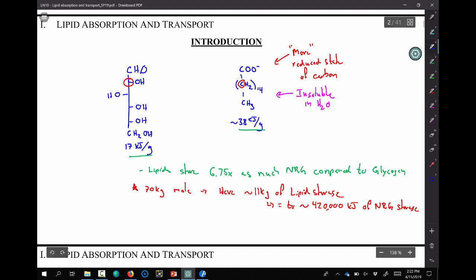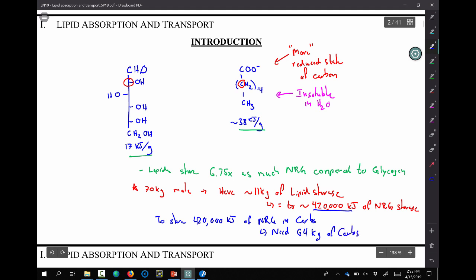To store 420,000 kilojoules of energy in carbs, you need 64 kilograms of carbs to do this.